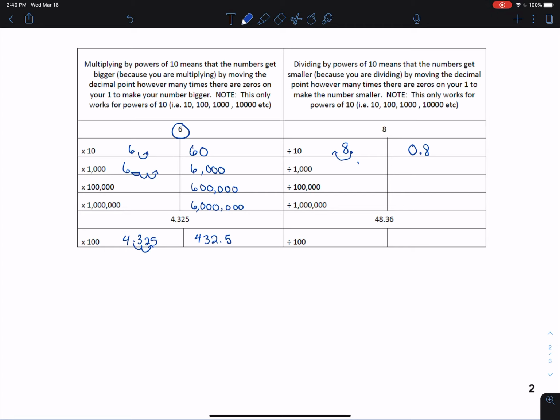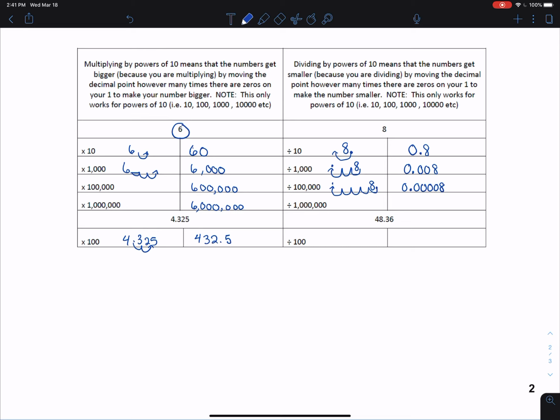If I'm dividing by 1,000, I need to take that decimal point and bump it 3 spaces to the left. So that gives me 0.008 or 8 thousandths. If I'm dividing by 100,000, I need to take that 8 and go 1, 2, 3, 4, 5 spaces to the left and fill in those blank spaces with zeros.